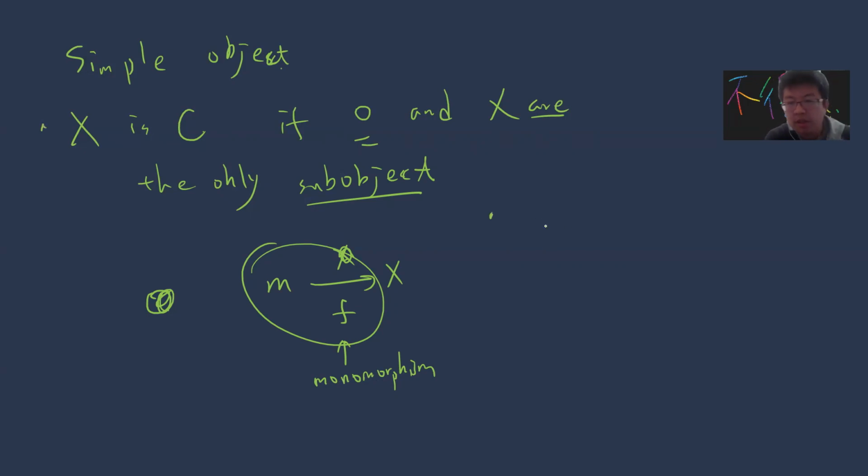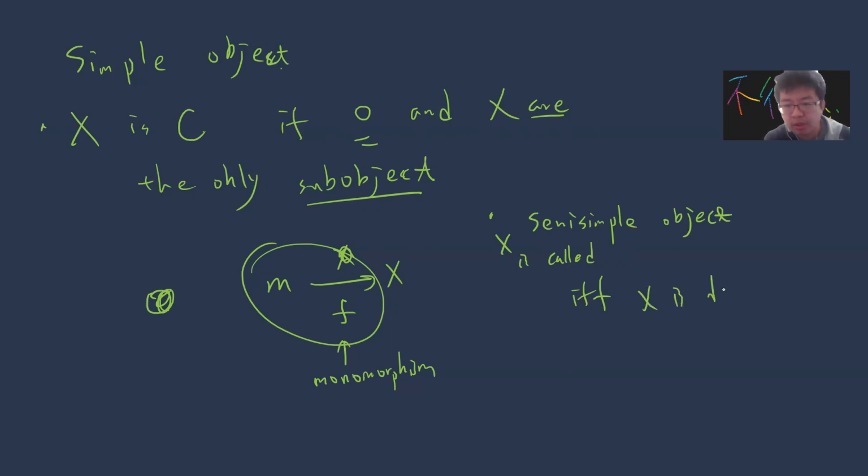The second is the semi-simple object. X is called a semi-simple object if X is a direct sum of simple objects.